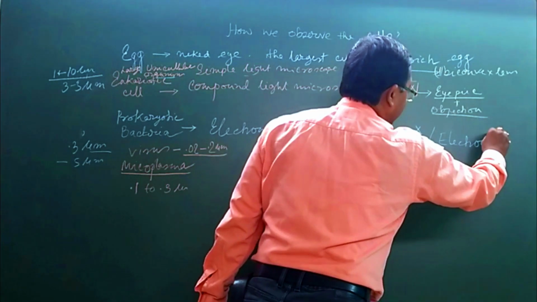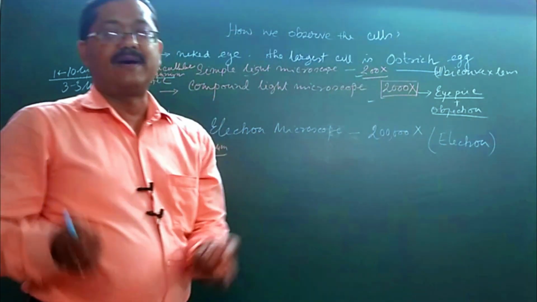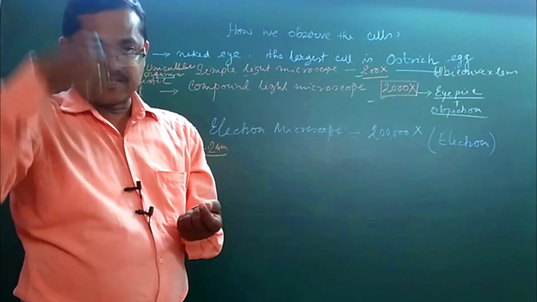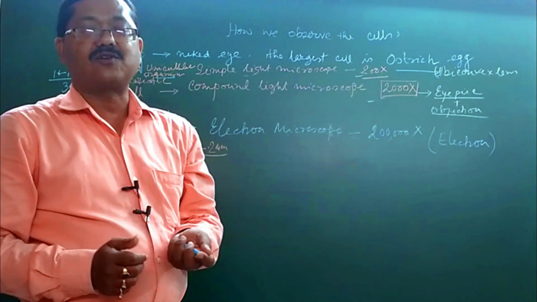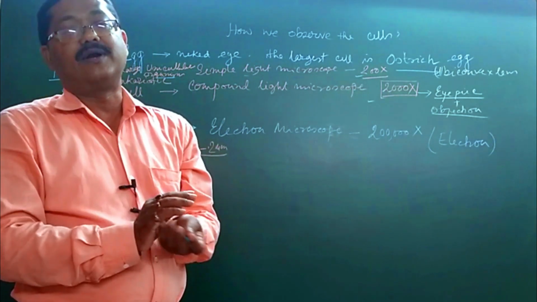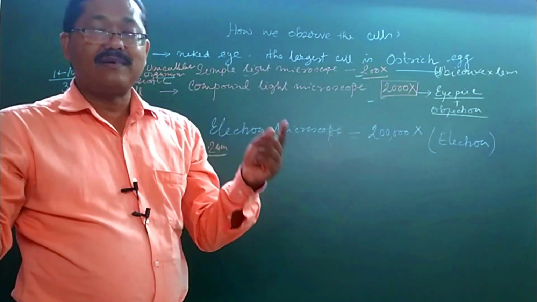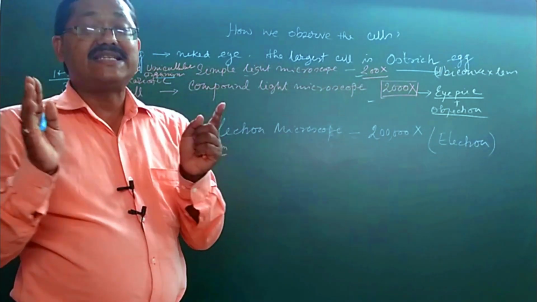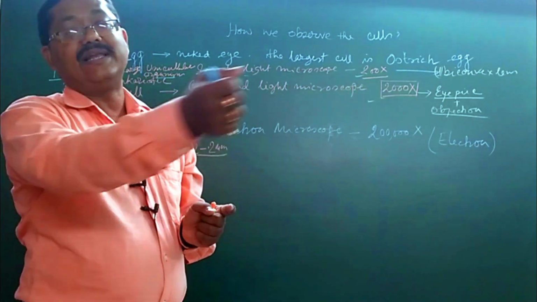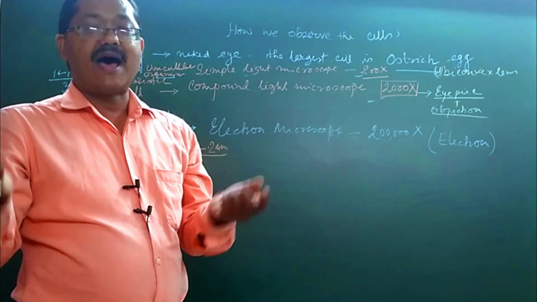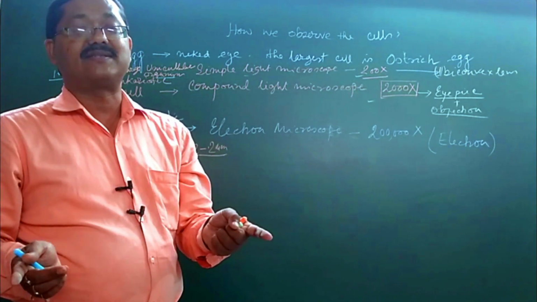This electron ray falls on the specimen and is reflected or transmitted, and the direction of the electron flow is also regulated by some high electric field.